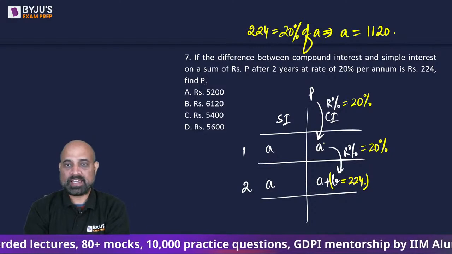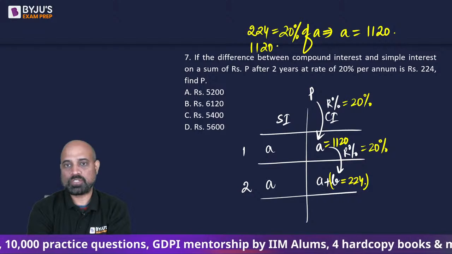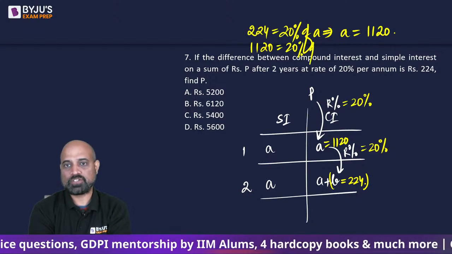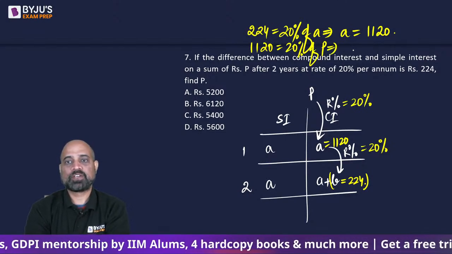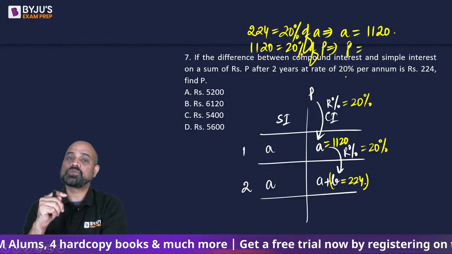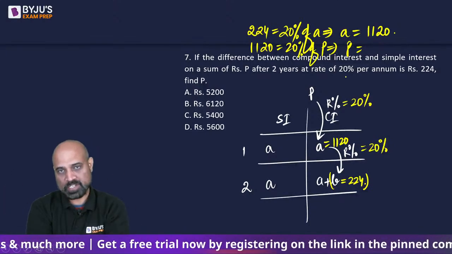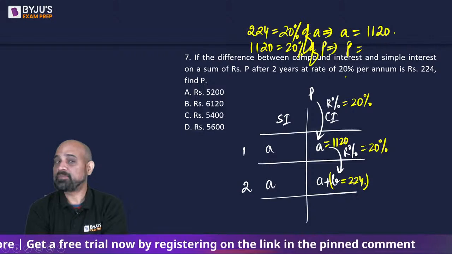Now the moment I get A as 1120, I know that this 1120 is now 20% of this principal value. So principal value is going to be 1120 into 5, because 20% is 1 by 5. So that 5 will go to the left hand side and it will get multiplied.